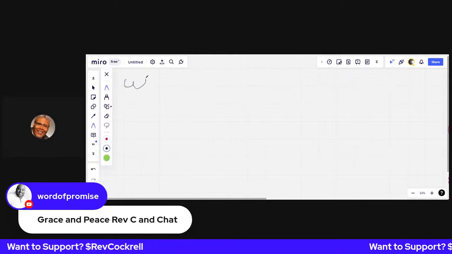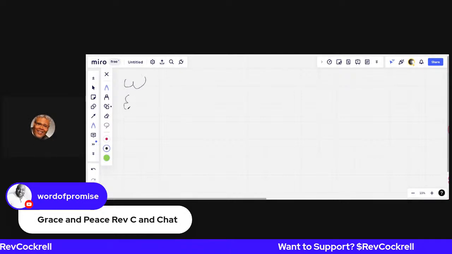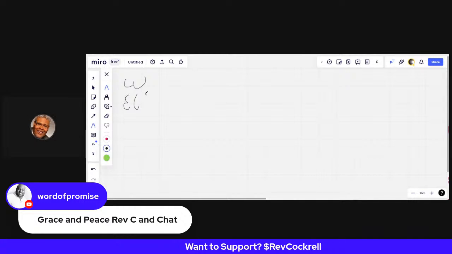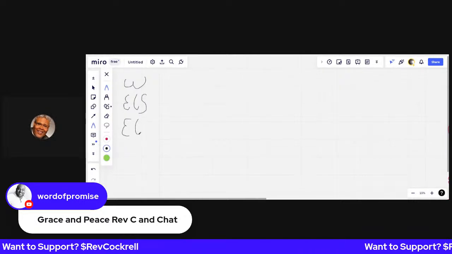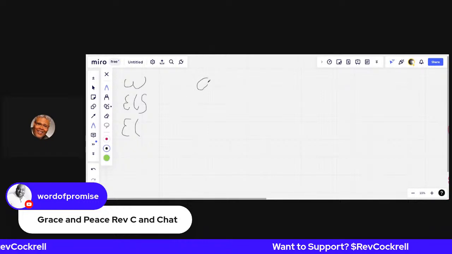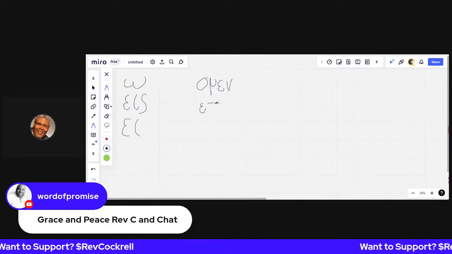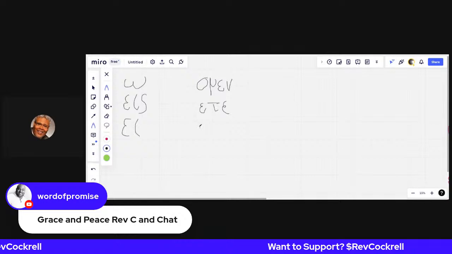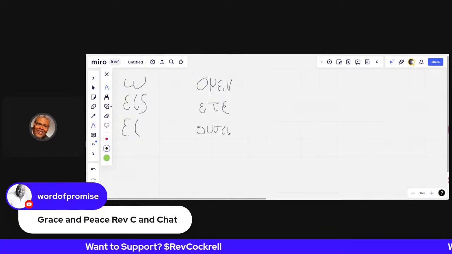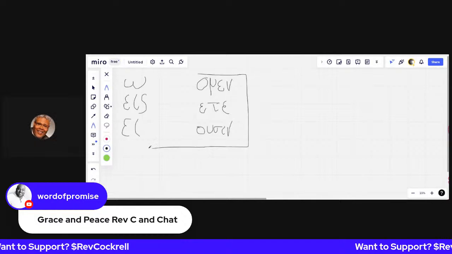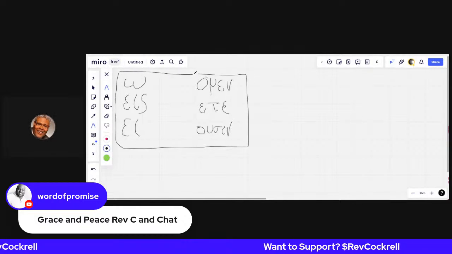O, eis, ei, omen, ete, ousin. Remember, these are active endings. You're only going to see these in present or future active indicative verbs.